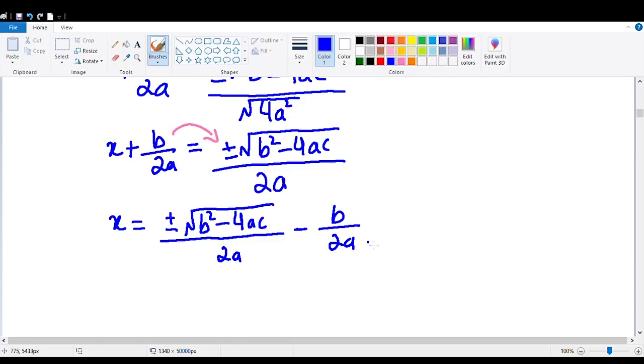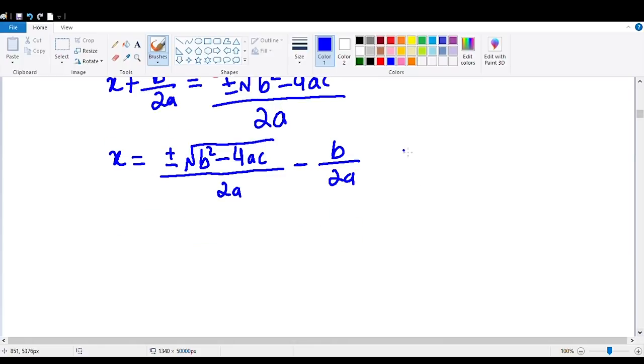As you can see that their denominators are the same, you can just take them common and write them over the same bar, so it'll be plus minus the square root of b squared minus 4ac minus b over 2a.